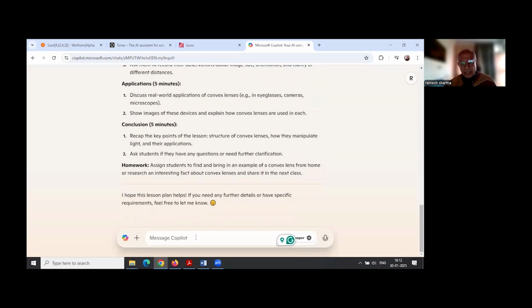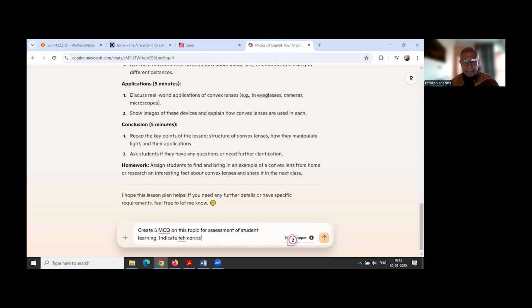Similarly, you can ask it, okay, now since the lesson is there, then create 5 MCQ on this topic for assessment of student learning.